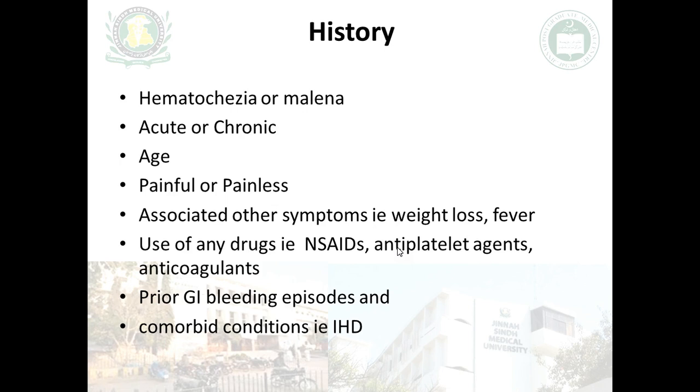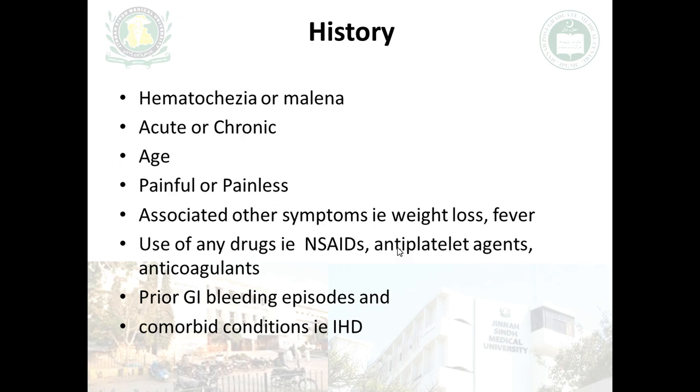Then take the drug history: is the patient taking any drugs, specifically NSAIDs, antiplatelets, anticoagulants, because coagulopathies or ulcers can be the reason for this GI bleed. If the patient is on warfarin, there are fair chances that because of the coagulopathy, the patient can bleed from the GI.